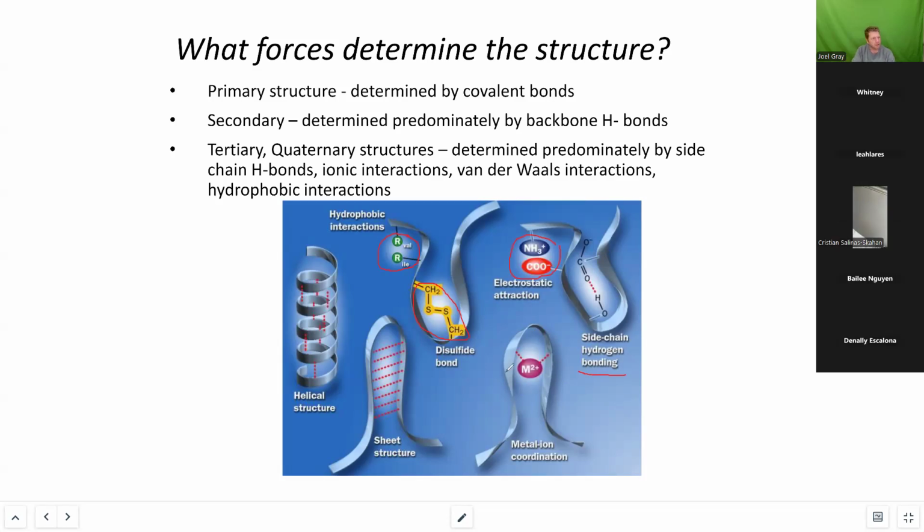I know it slipped my mind. And that is metal ion coordination. You could have an aspartic acid, a magnesium ion, and a glutamic acid. So those two R groups, by virtue of them being able to be involved in ionic interactions, can be stabilized across from one another.